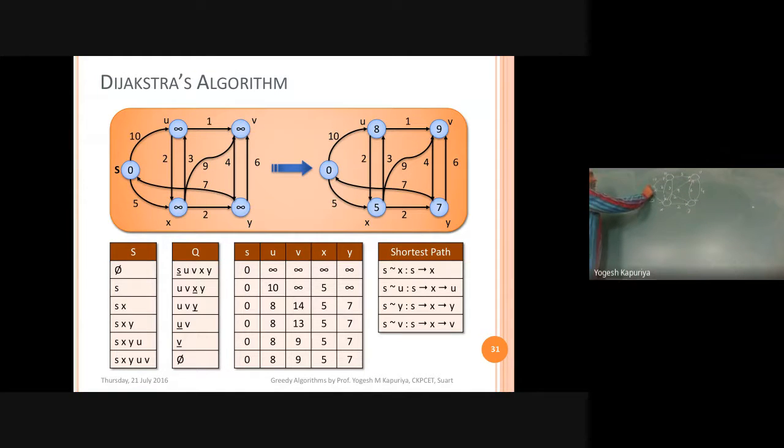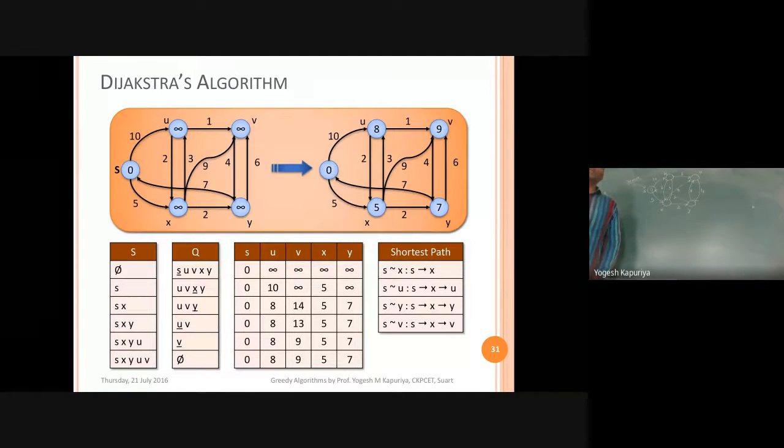So similar to Prim's approach, initially you are given one source vertex. So this is my source vertex. I am supposed to find out the shortest path from S to U, S to V, S to X, and S to Y. So these are the four shortest paths I am supposed to find.